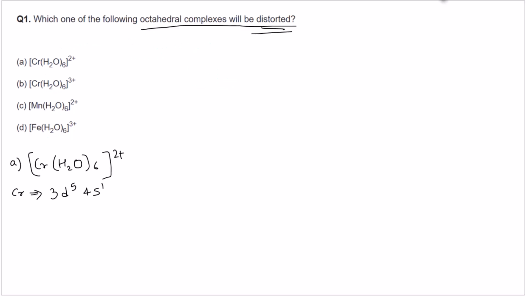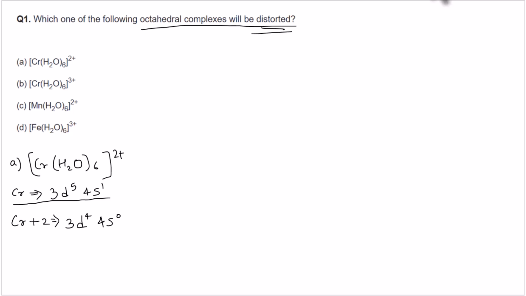The first one is hexaaqua chromium plus 2. We know that the valence electronic configuration of chromium is 3d5 4s1. Now what should the valence electronic configuration be when Cr is in the plus 2 oxidation state? It is 3d4 and there is no electron in the 4s orbital.